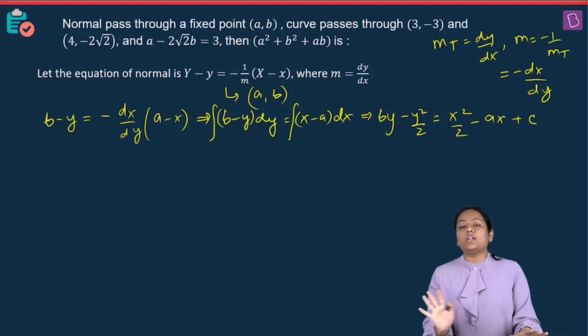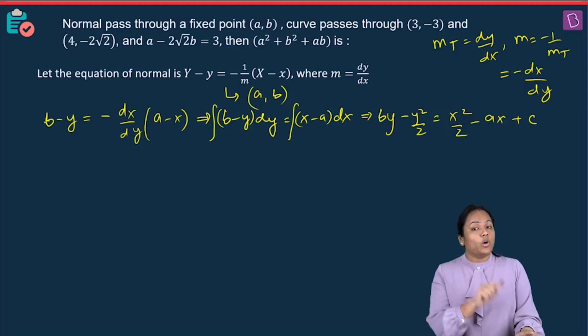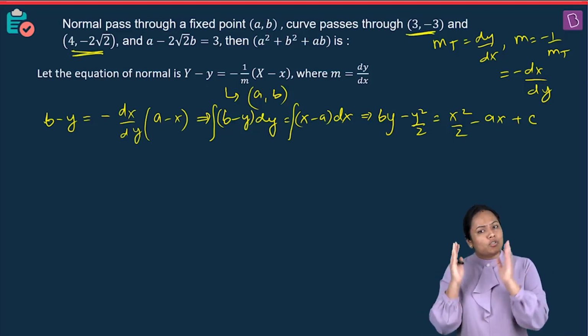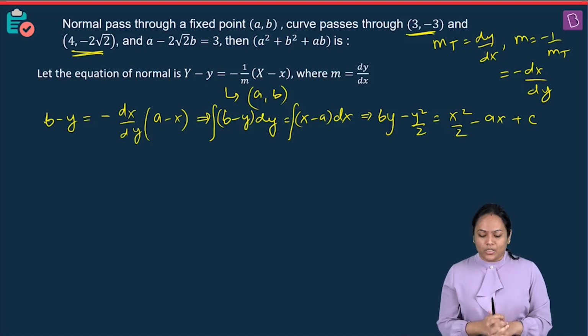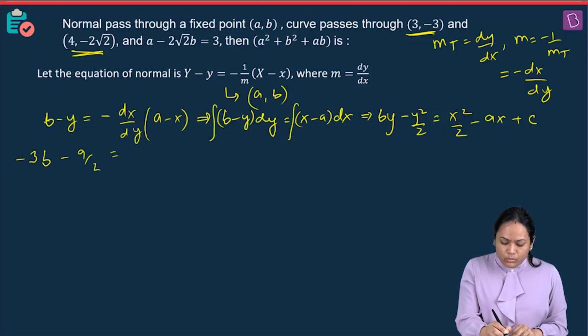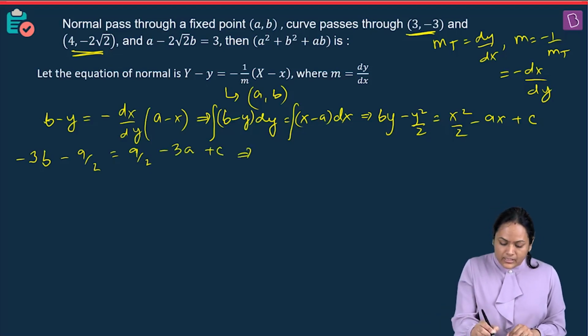Now what? Well, now I have got the equation of the curve, and they have said that this curve is passing through these 2 points. So let's substitute these points also. My first point, which is 3 comma minus 3, will give me minus 3B minus 9 by 2 is equal to 9 by 2 minus 3A plus c. That is 3A minus 3B is equal to 9 plus c.